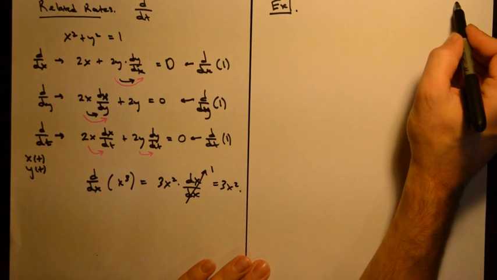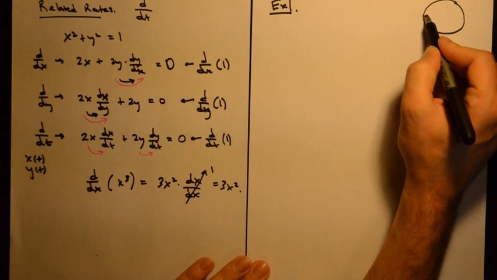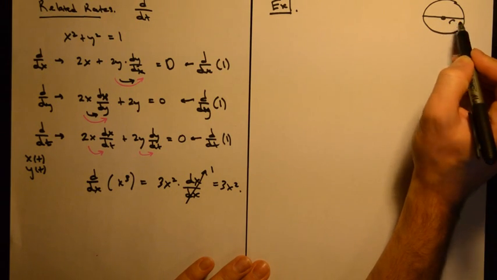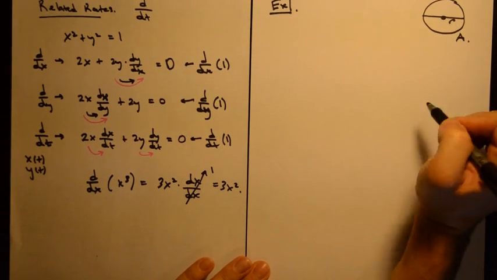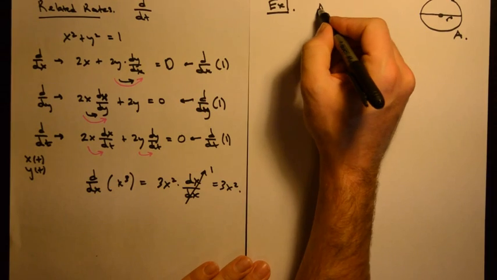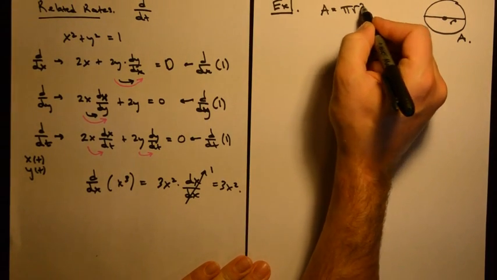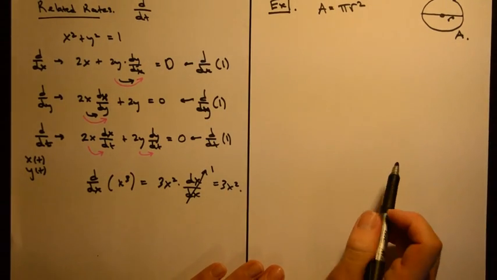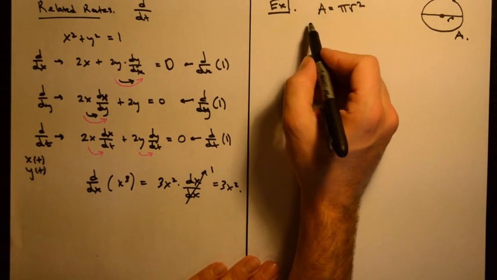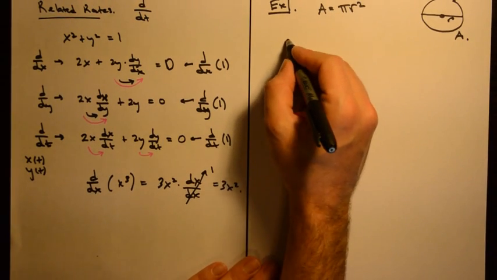Let's consider a circle problem. So we have a radius and we have an area, and we want to use the equation area is equal to pi r squared, the area of a circle. Now, sometimes we'll be asked a question like this.